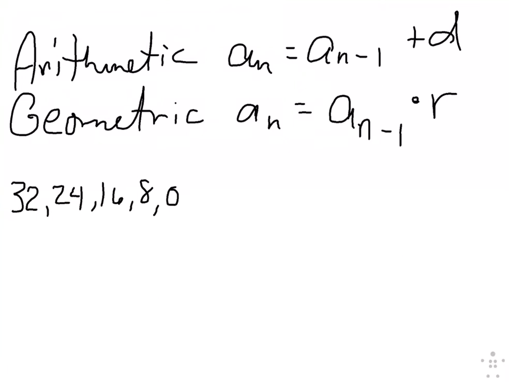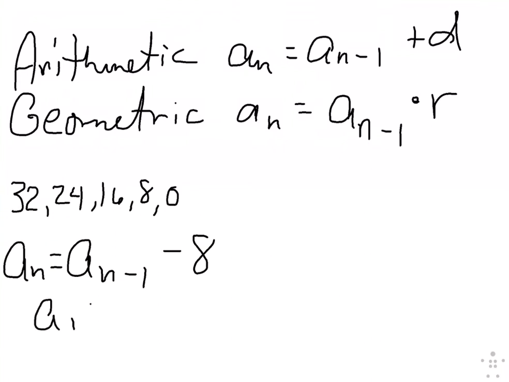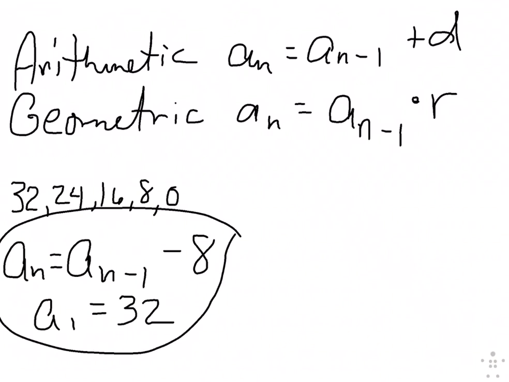Good. So if it's arithmetic, it's a sub n equals a sub n minus 1, and then what was the d that Andre said? Minus 8. Why was it minus and not plus? Because I'm subtracting. Good. Now the only thing you have to tell me besides that, that's not full credit. Here's full credit now. You got to tell me what it starts with. If you don't tell me what it starts with, how am I supposed to know?